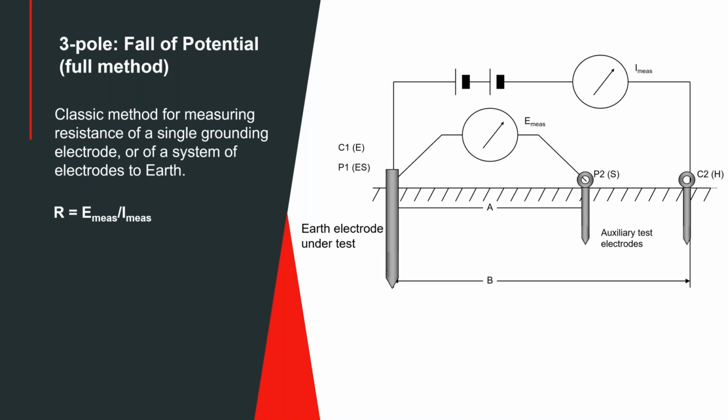And then your potential terminal is connected to another probe somewhere in the direction of your current probe, and it looks at the voltage drop caused by the resistance of the soil to that point. So now the tester knows what the current is, it's measured what the voltage is, and it applies Ohm's law, and it gives you the resistance to the point where you placed your potential probe. And that's pretty much the fundamental of doing a ground electrode test measurement. Next.